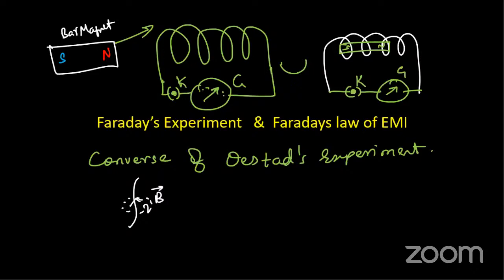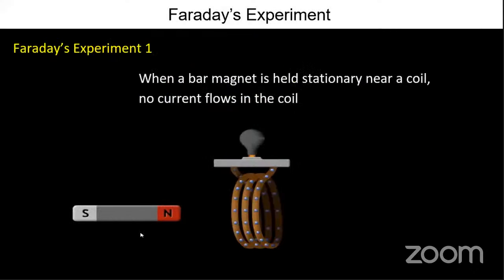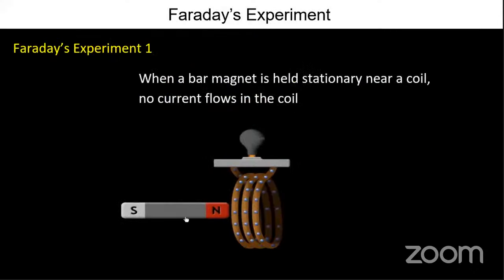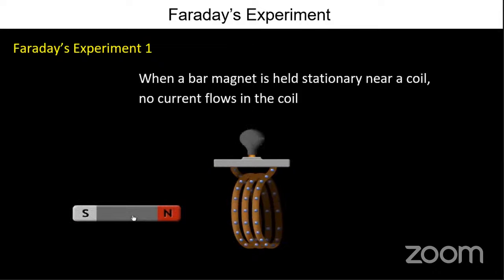So he conducted his first experiment and he published this conclusion: when a bar magnet is held stationary near a coil, no current will flow in that coil. He took this magnet and kept it stationary inside the coil.